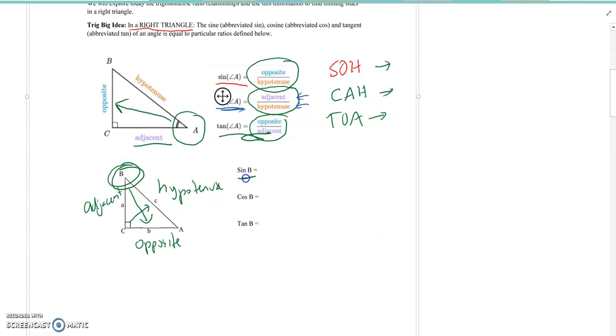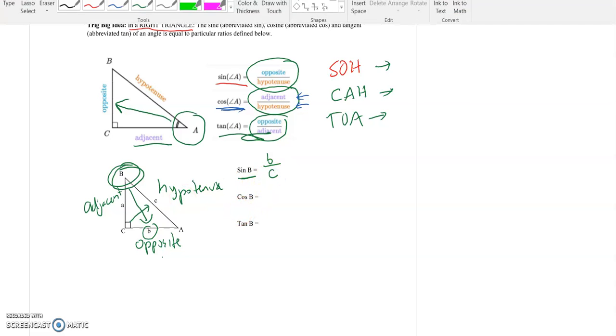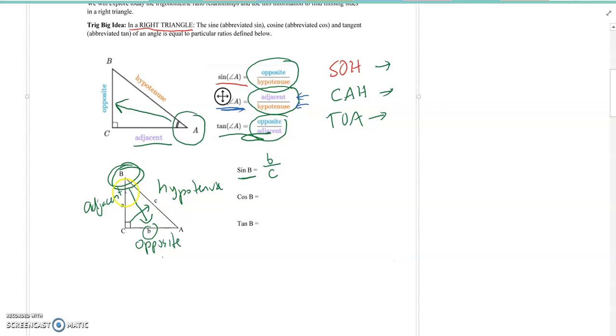So sine, in this case, is always opposite over hypotenuse, so it would be little b divided by the hypotenuse, which is little c. And cosine is adjacent, so here's our adjacent, divided by the hypotenuse. So cosine would be a divided by c.